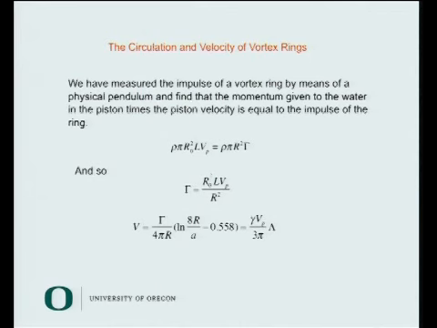So anyhow, what that means is that you can take the mass of fluid in the piston times the piston velocity is equal to the classical expression for the impulse of an inviscid ring, and the circulation then should be the square of the gun radius times the gun stroke times the velocity of the piston divided by the square of the radius of the ring. And I remind you again that the radius of the ring could be either bigger or smaller than the radius of the gun.